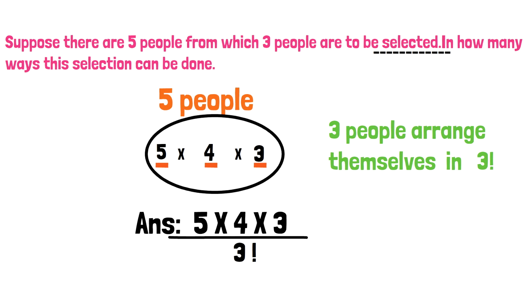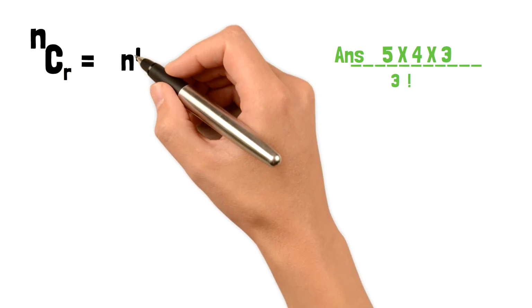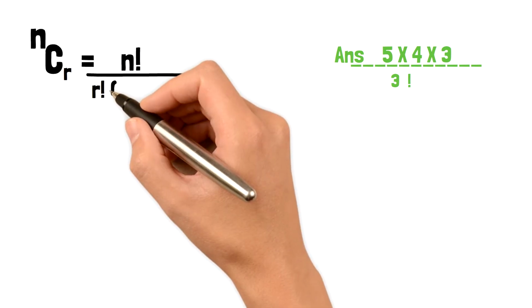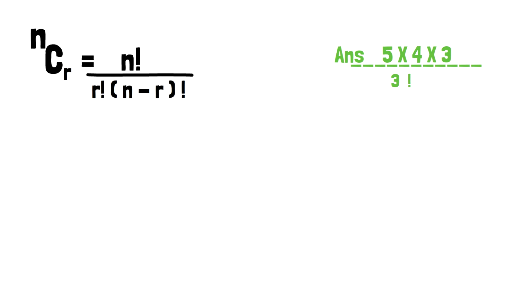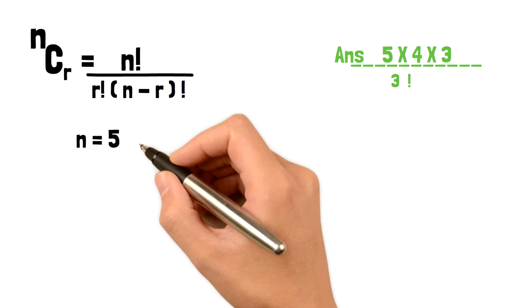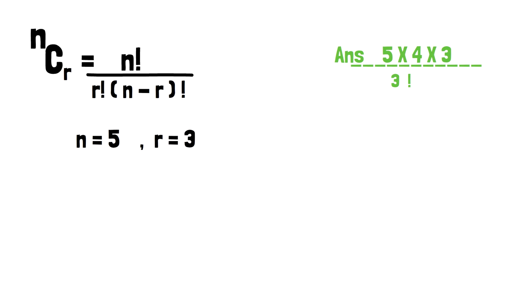Now, let's check this answer with the formula we use for combination. First, I write the answer here. Now, the formula that was taught to us for selecting r things from n things is nCr. Here, we are using the same question, so n is 5 and r is 3. Now, put that here.